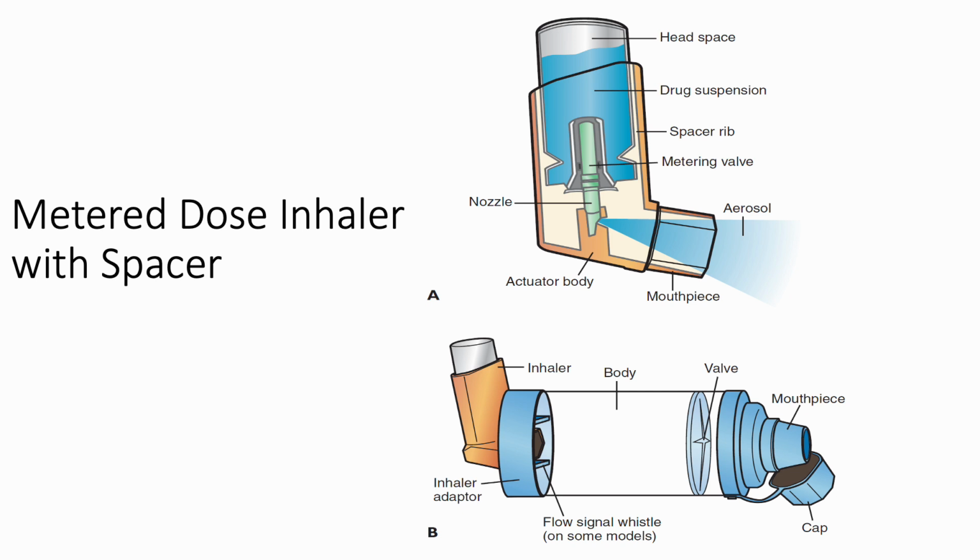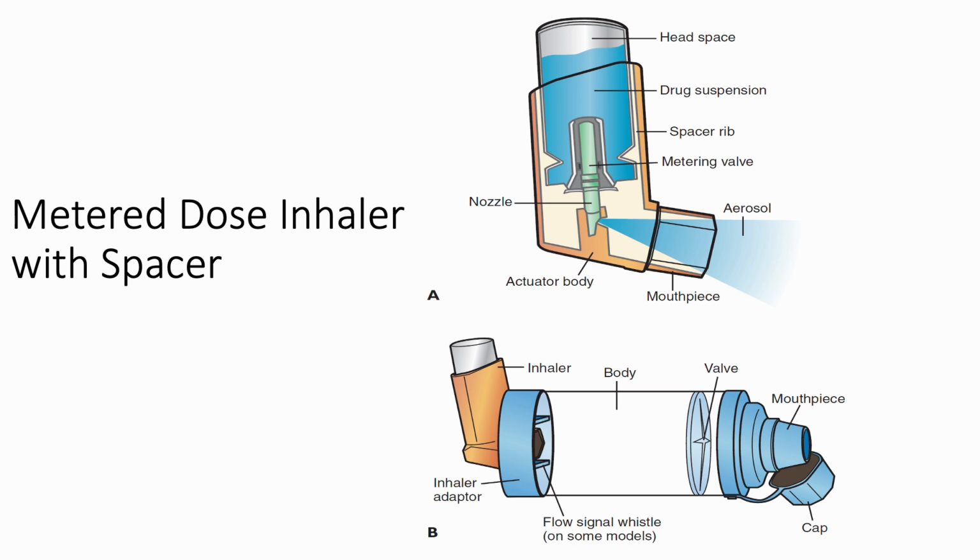So right here you can see a picture of a metered dose inhaler with a spacer attached there at the very bottom. So at the bottom you can see there's the inhaler off to the left with the orange little covering on it. That silver piece at the top above the orange is what the patient's going to press onto to get the medication to come out. And then the medication, once they push that, is going to come out and it's going to be suspended into this chamber here.